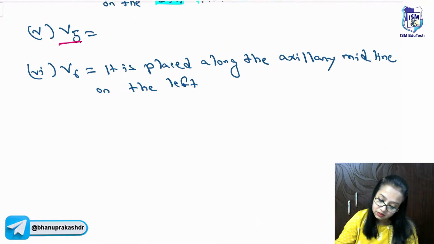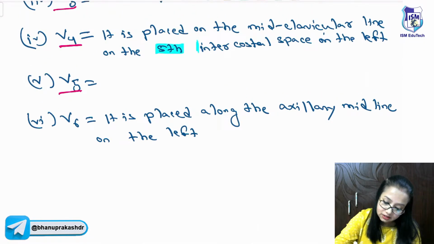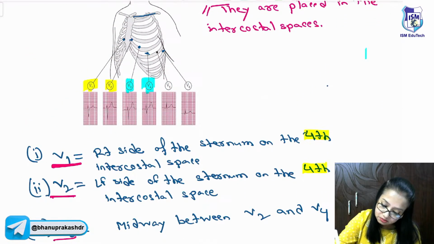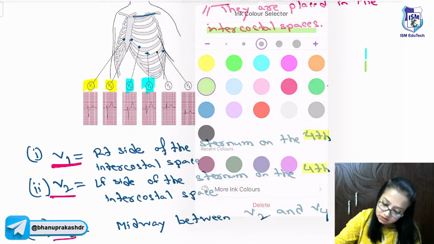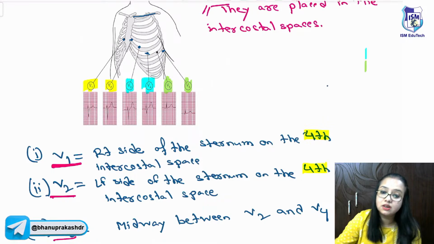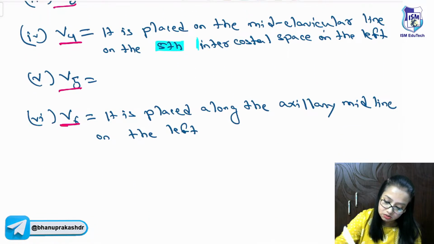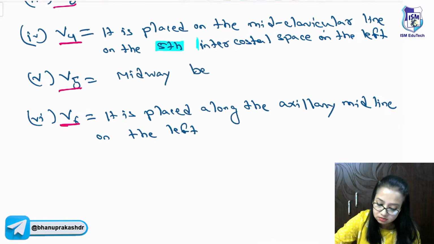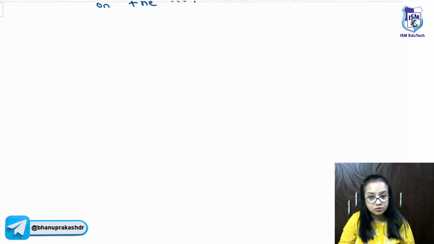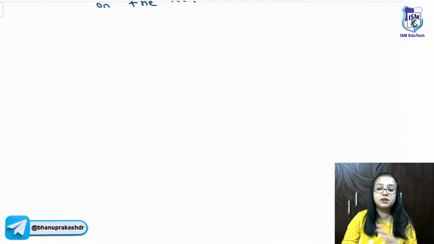Okay. After placing V6, V5 is placed midway between V4 and V6.